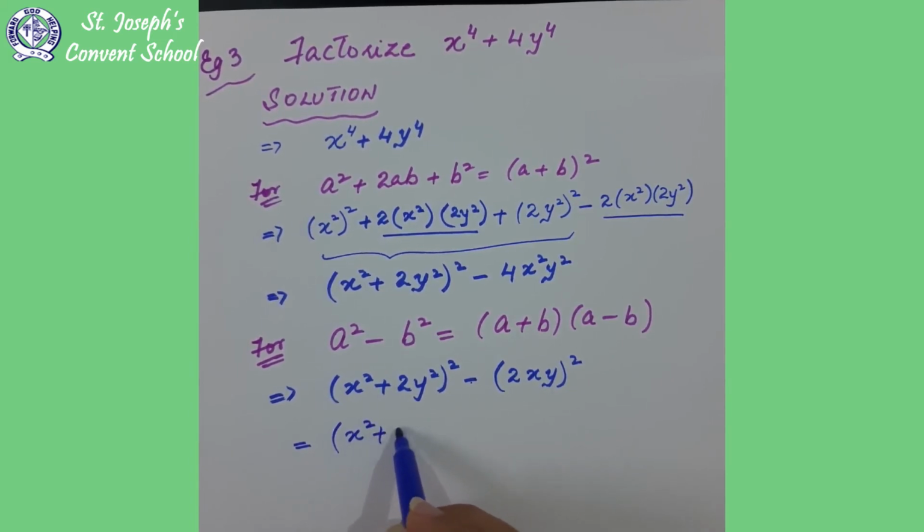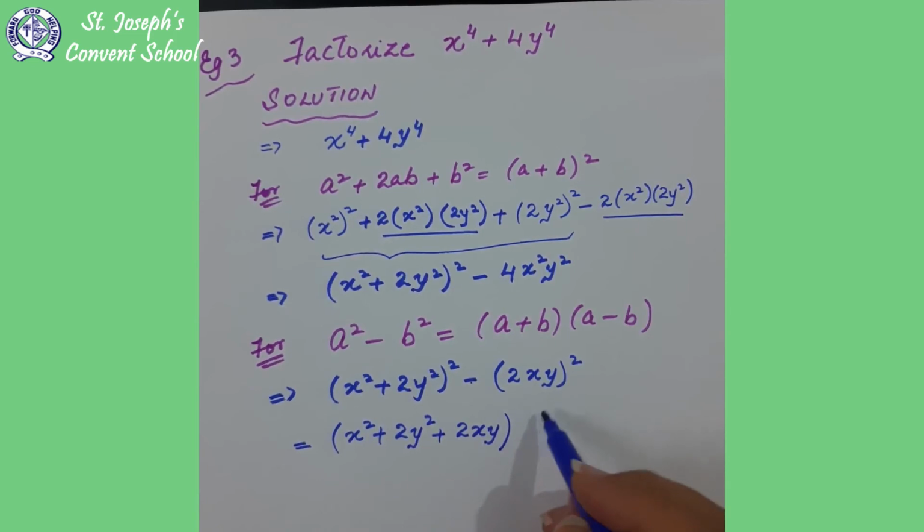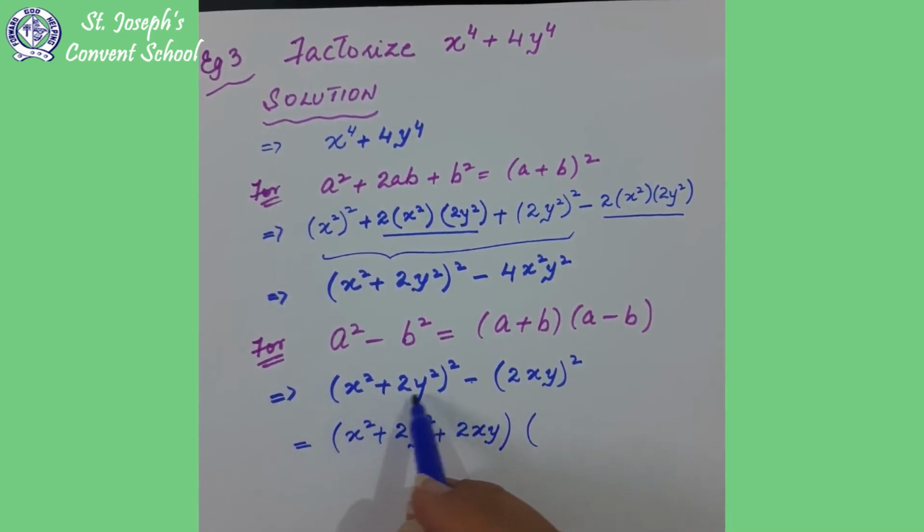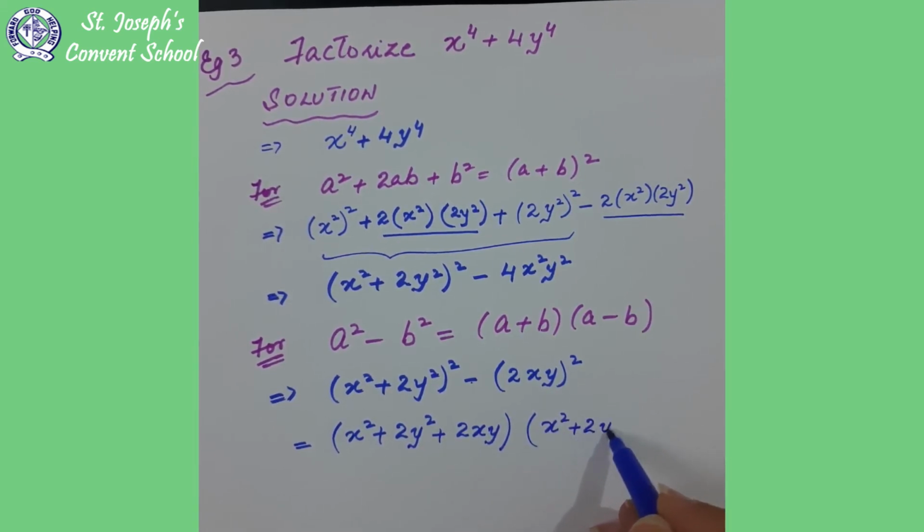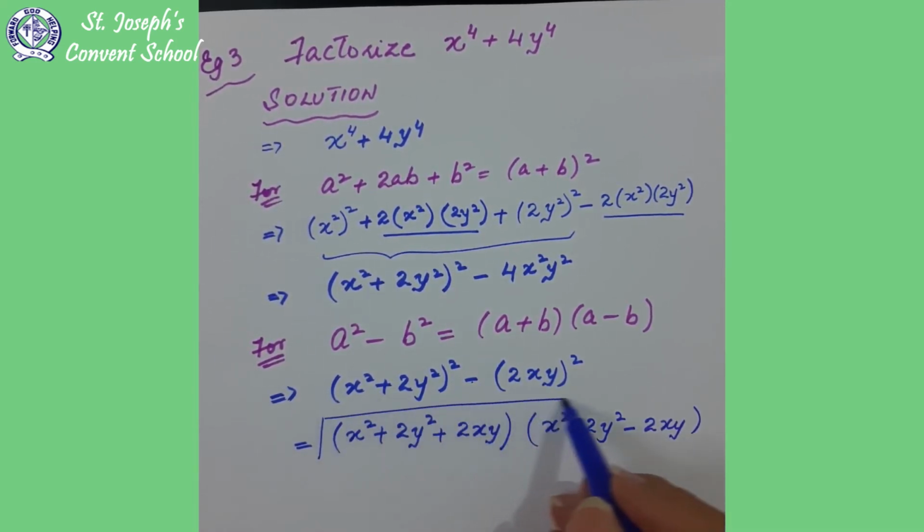So x square plus 2y square, this is a plus b, first term plus second term. Okay, this is a plus b, and this is a minus b. So this is the answer.